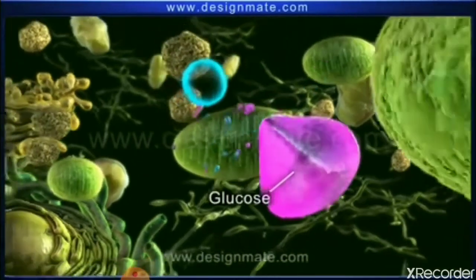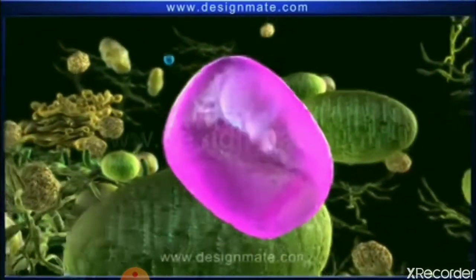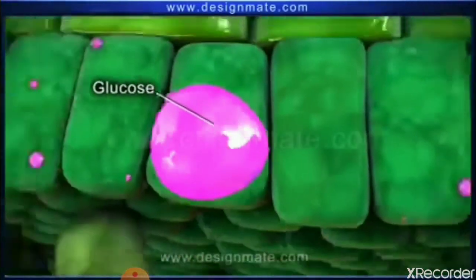You can see the blue bubbles as oxygen and the purple or pink bubbles as glucose or food.